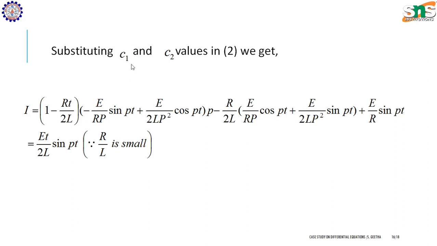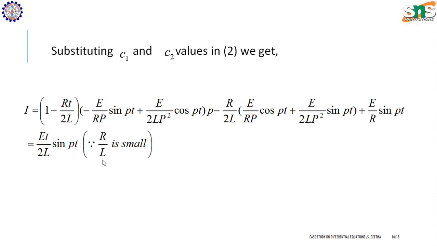Next, substituting C1 and C2 values in 2, we get I is equal to 1 minus Rt by 2L into minus E by Rp into sin pt plus E by 2L P square into cos pt into p, minus R by 2L into E by Rp into cos pt plus E by 2L P square into sin pt, plus E by R into sin pt.